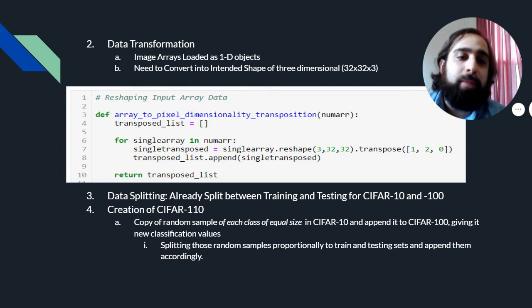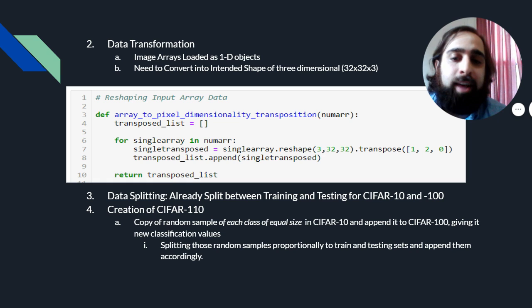But one thing that I will mention is that when you directly load it from the CIFAR website, it's in a 1D array format. And so what you'll find for Keras is that it's very particular, very finicky when it comes to what kinds of shapes are being inputted into the neural network model.